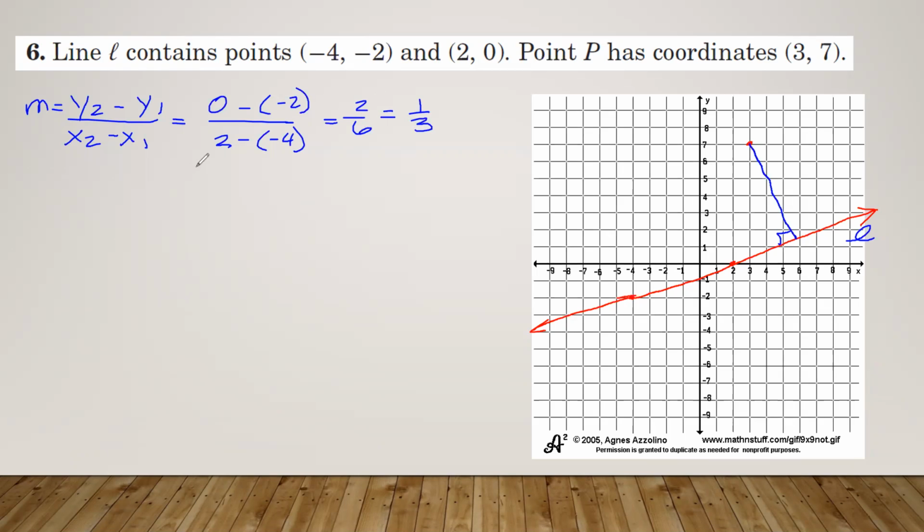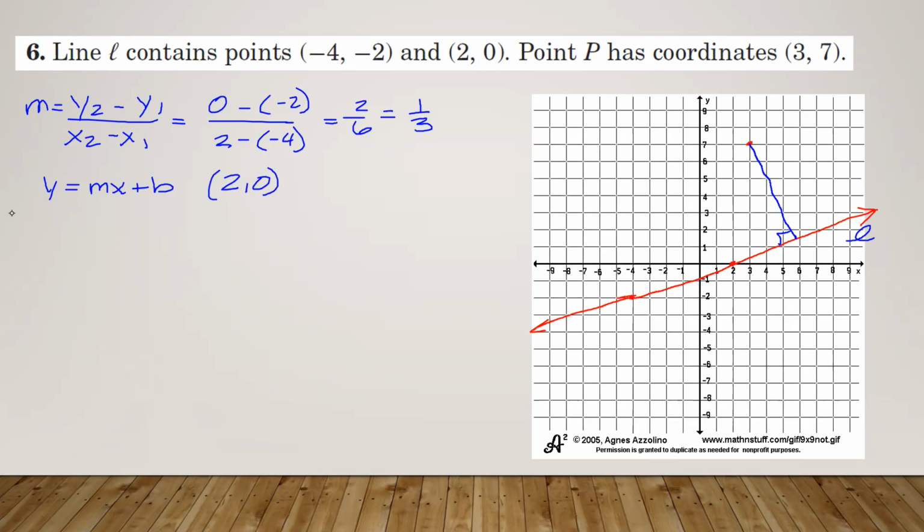Since we now have the two points and the slope, we can write an equation. I'm going to use y equals mx plus b to figure out what b is, and I'm going to use the point (2, 0).